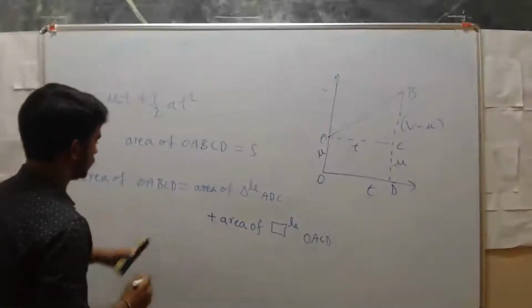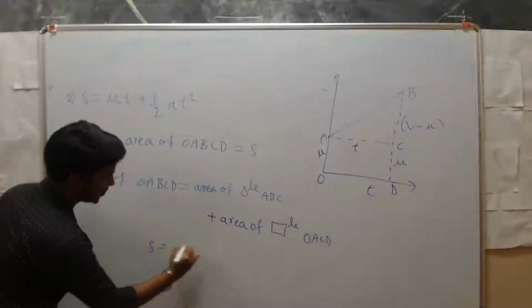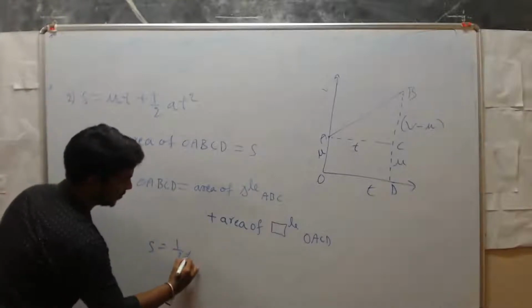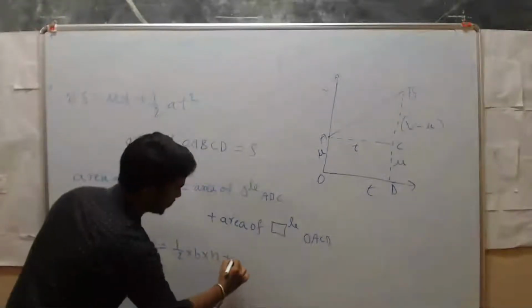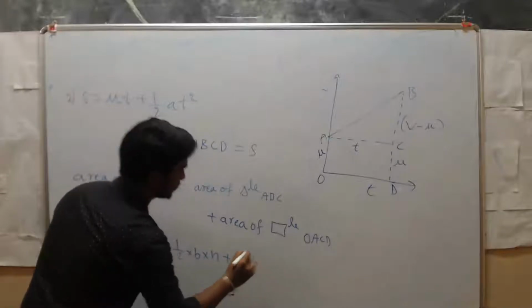Then this area of OABCD equals s, right? So s equals the area of triangle, that is half into base into height, plus length into breadth.